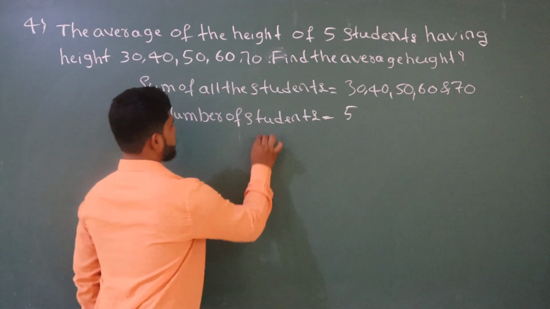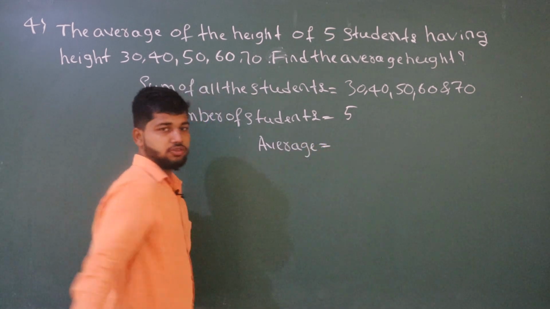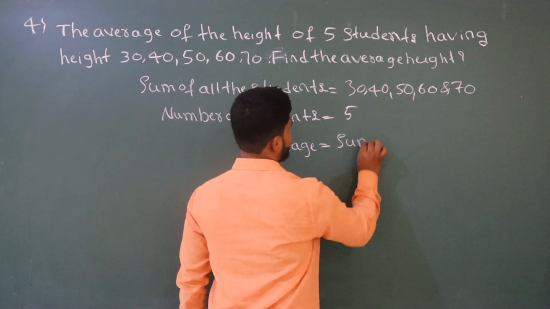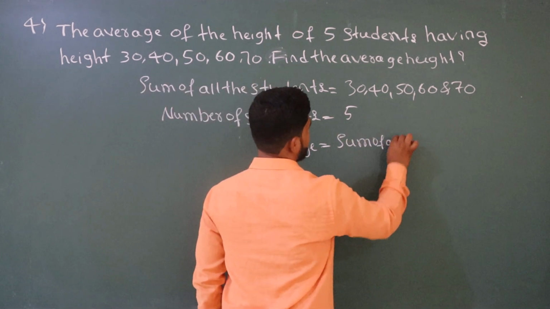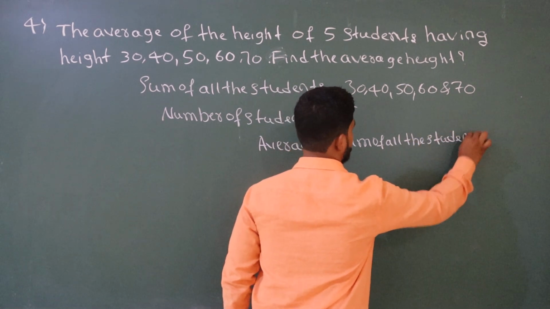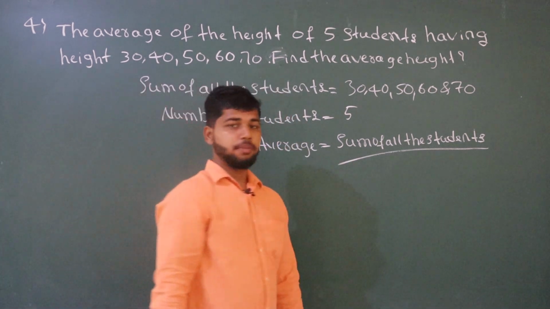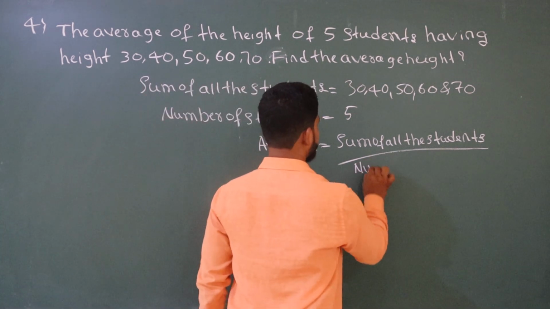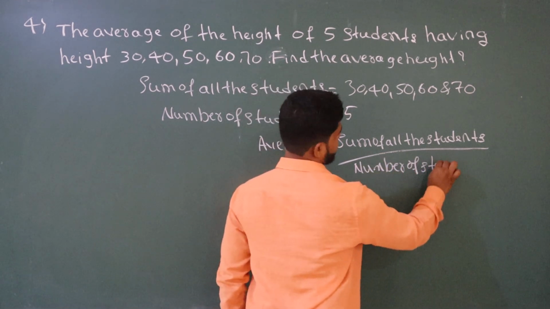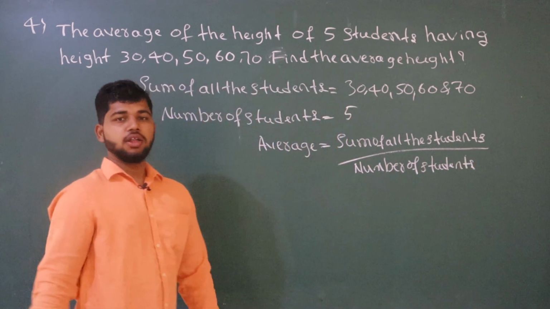Now, average is equal to the sum of all the students divided by the number of students. What is the sum of all the students?